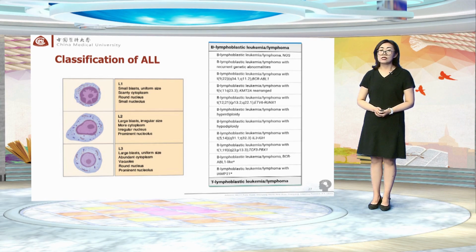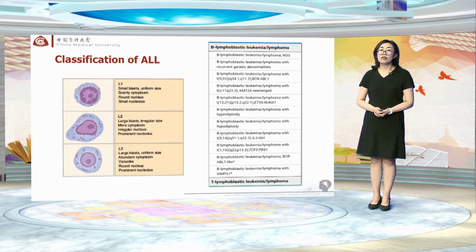L2 disease consists of large heterogeneous cells with more cytoplasm, irregular nuclei, and prominent nucleoli. Whereas L3 disease is characterized by large cells with abundant, deeply basophilic cytoplasm, round nuclei, and prominent nucleoli.